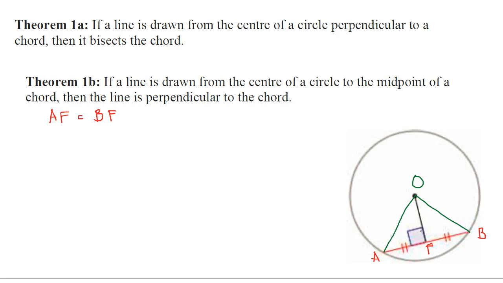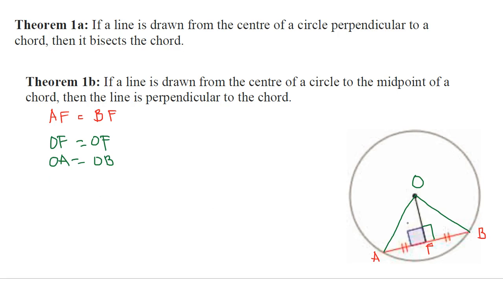If this is 90 degrees and this is 90 degrees, then OF is equal to OF, they share the same side. And the line OA is equal to the line OB, and both are 90 degrees.